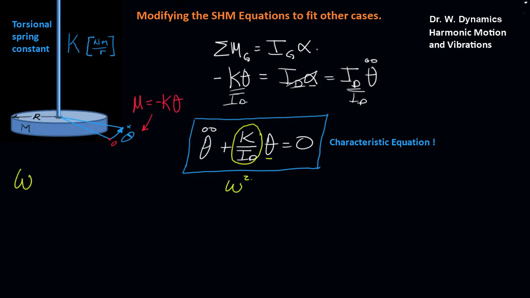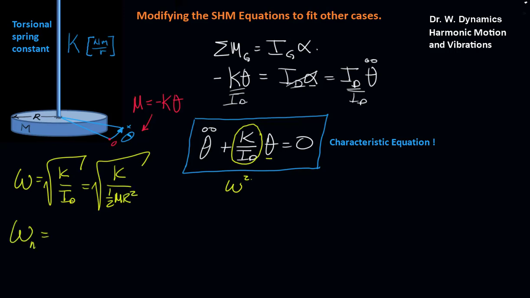So the omega will be the square root of k on I of a disk, which will be the square root of k on 1/2 mr squared. So we know the natural frequency now of this to be the square root of 2k on mr squared.